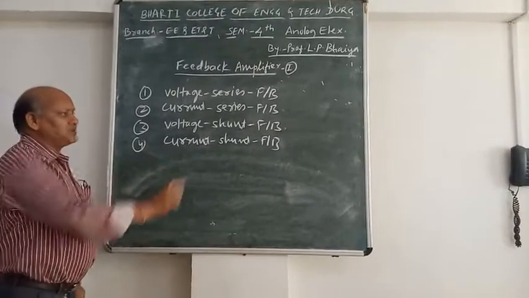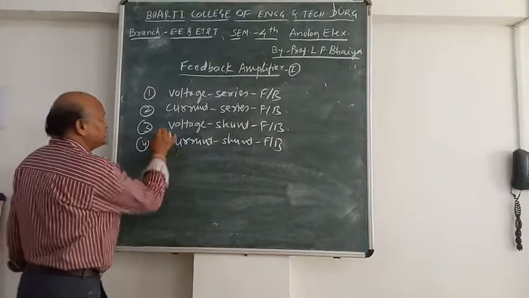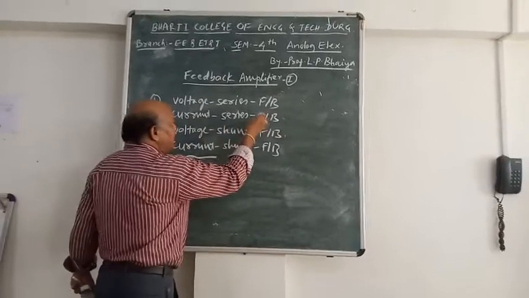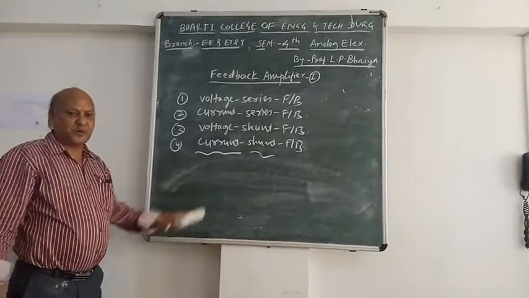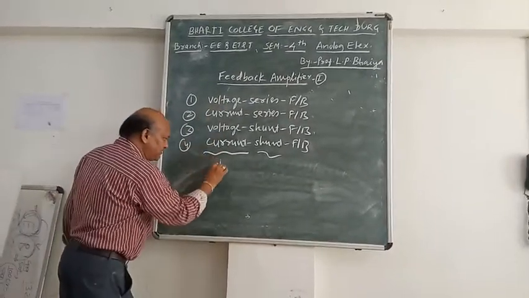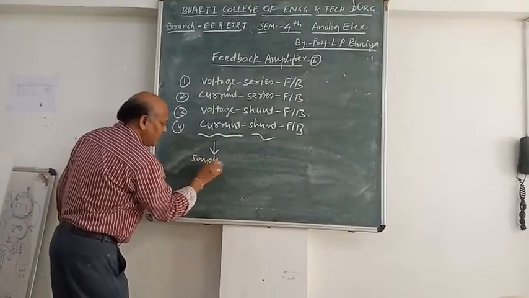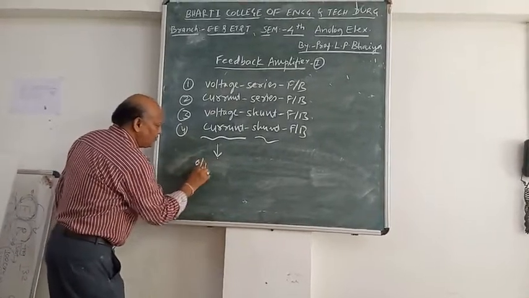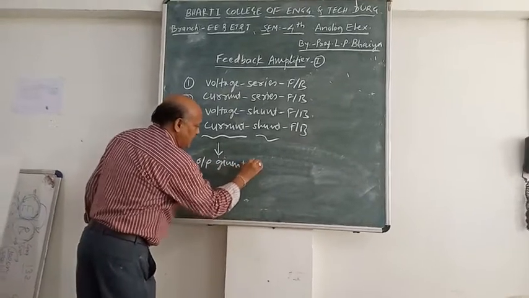Now how is this topology formed, how is this connection formed? There are two parts. First part is this one, either voltage or current, and second part is this one, either series or shunt. Depending upon these two, we can decide the topology. This part is nothing but the sample taken, the output given to feedback.